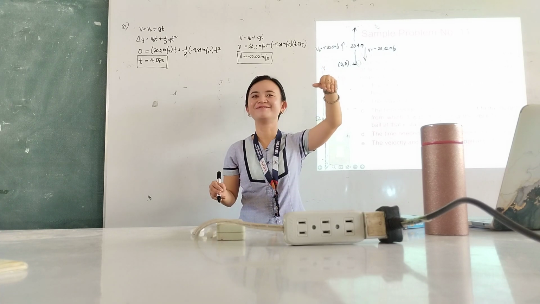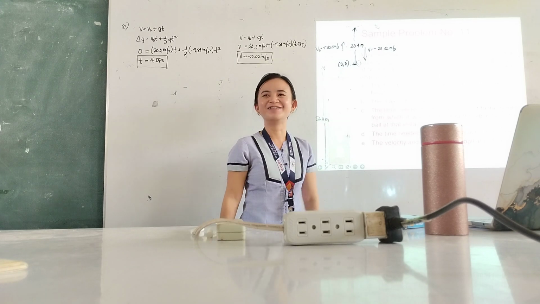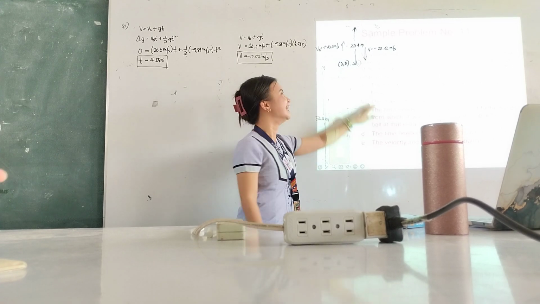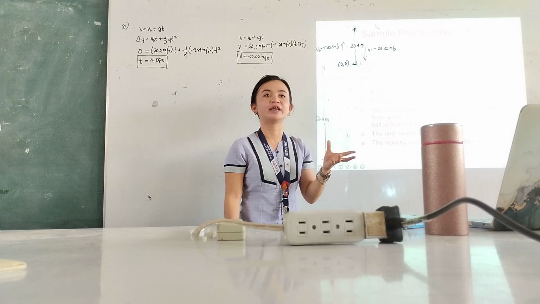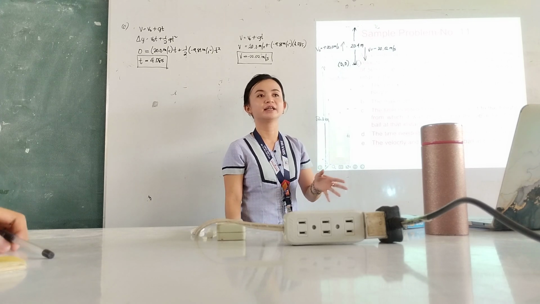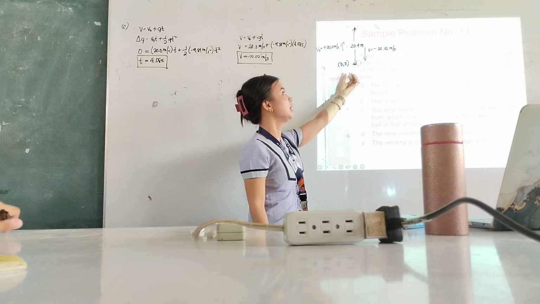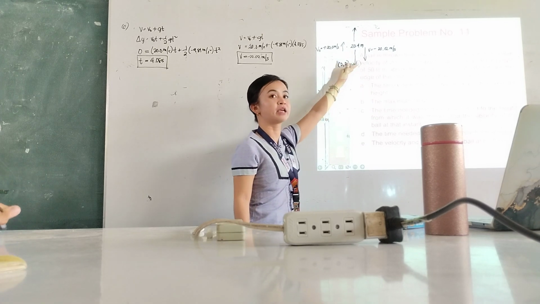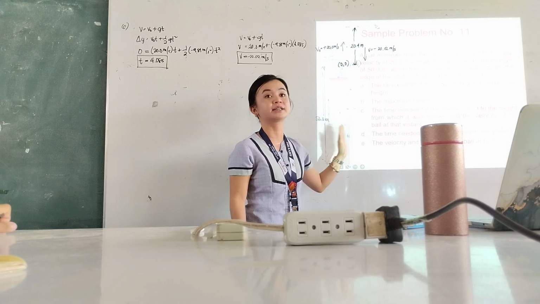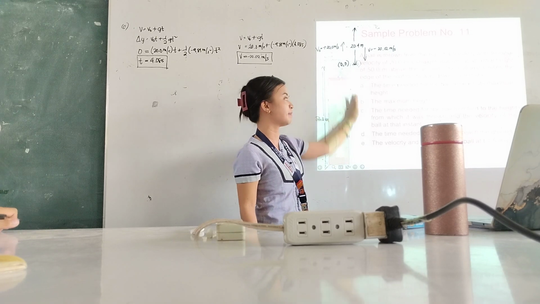Tama. So because of gravity, gravity is an acceleration, right? Yes. So meaning, binadali niya ang ball. So that's why ang 20, mag-increase, increase, increase. Pero negative ang sign, pababa.